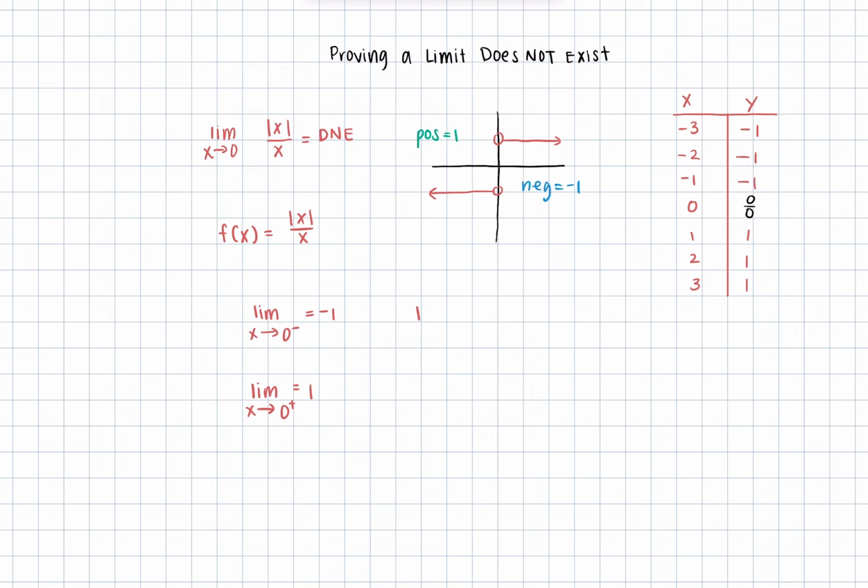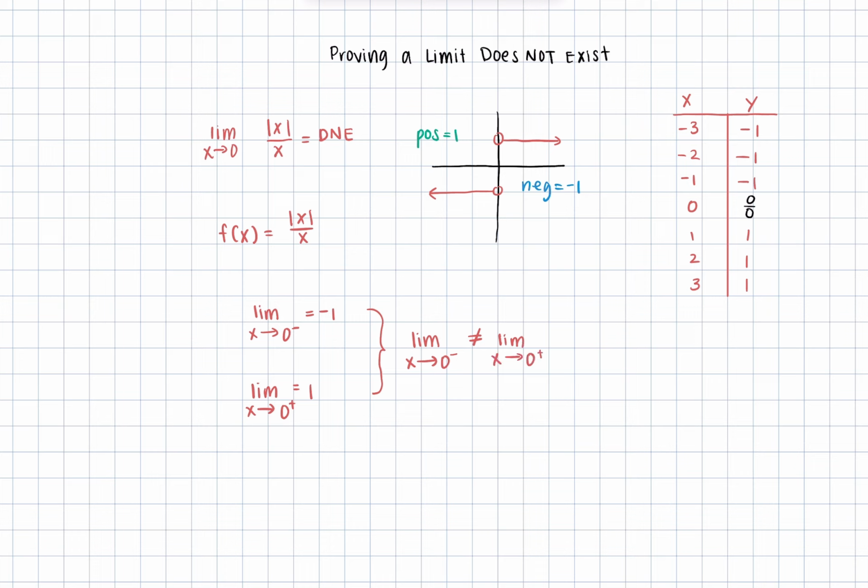towards each other. So I can combine these and write them together in a statement where I'm saying the limit as x approaches 0 from the left-hand side does not equal the limit as x approaches 0 from the right-hand side.